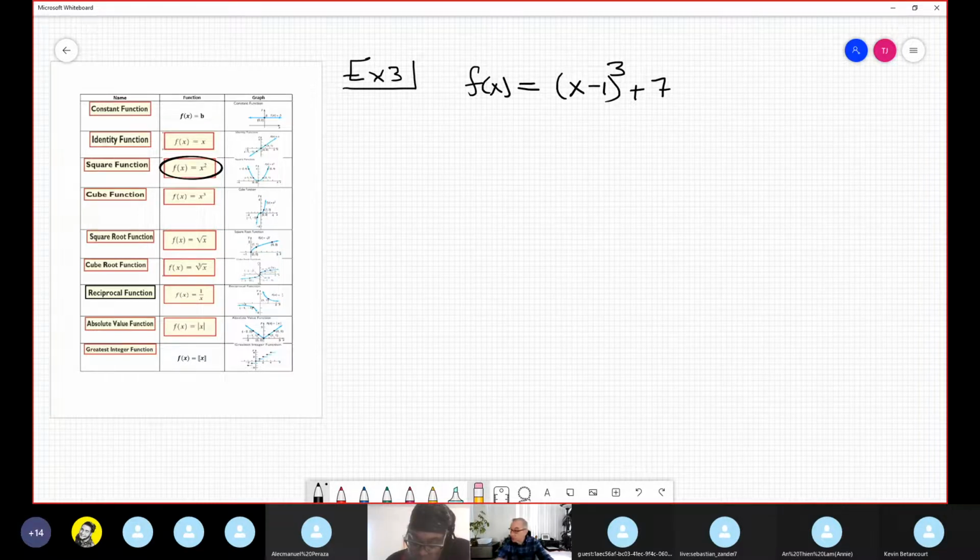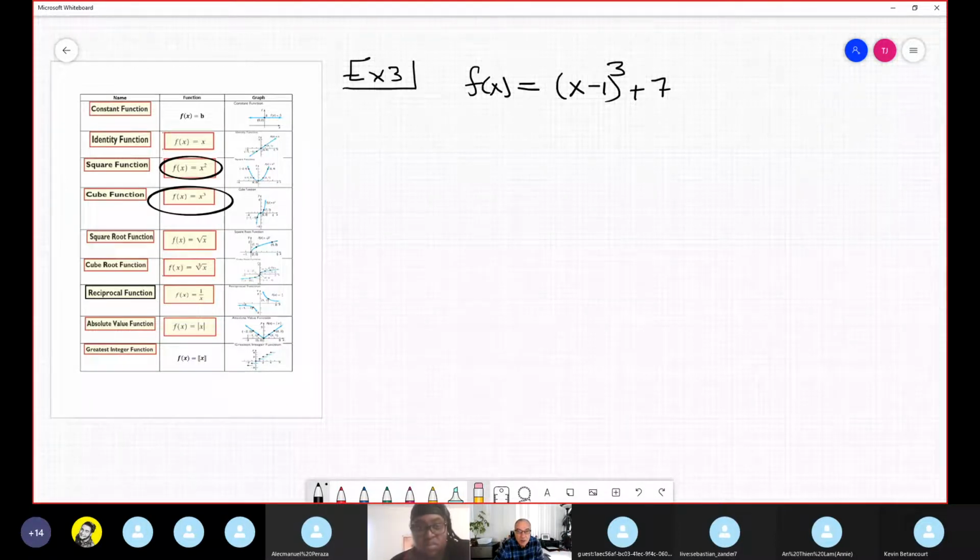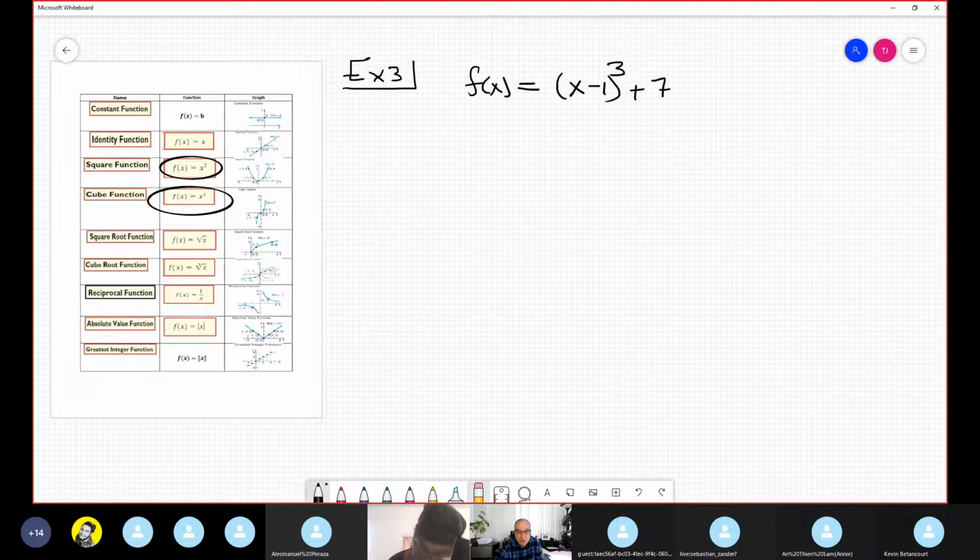Okay, to answer the first question, what family does this given function belong to? Come on, tell me. Cube function. Cube function. Very well. To answer what the transformations are, remember, in order, sequentially, step by step, because you need to respect the order of operations.